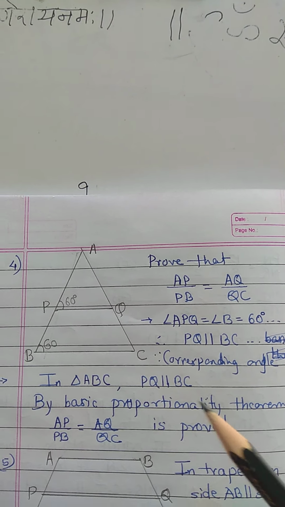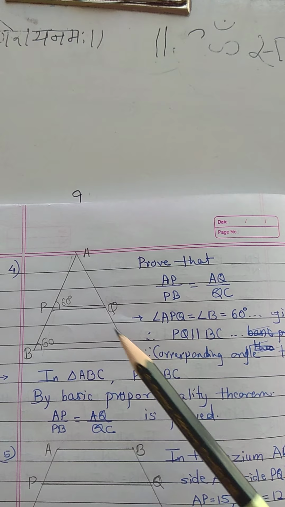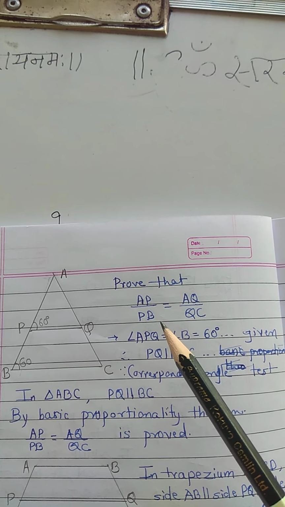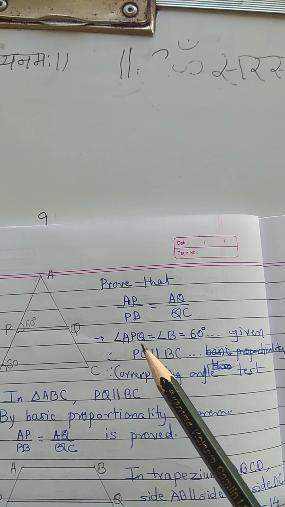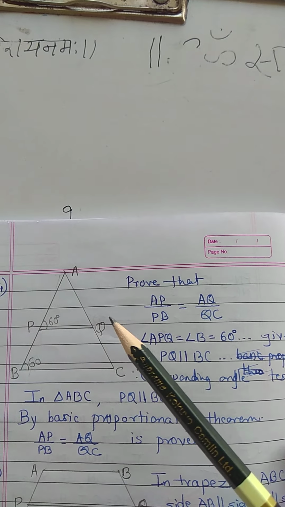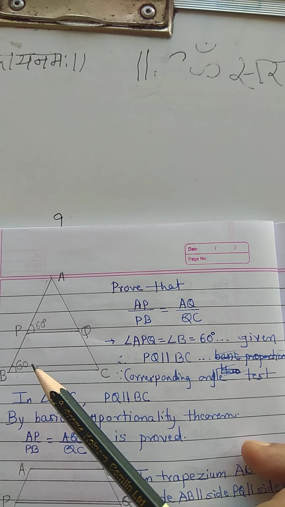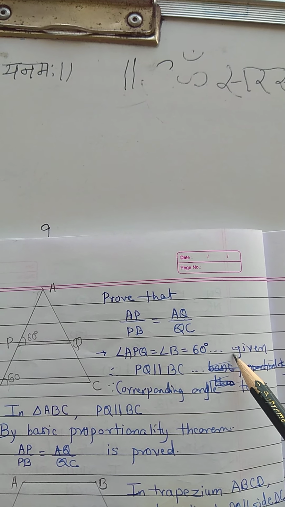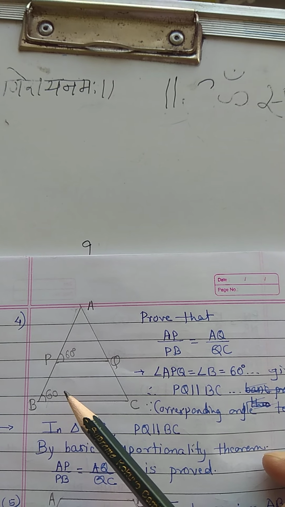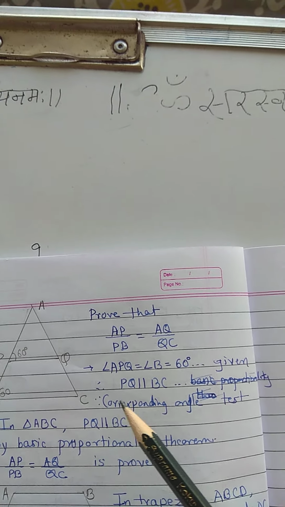See here in triangle ABC, PQ is parallel to BC. Here it is. Angle APQ is equal to angle B, equal to 60 degrees. See here, APQ equals angle B, both are 60 and 60. It is given. They are the corresponding angles. When corresponding angles are congruent, then the lines are parallel.